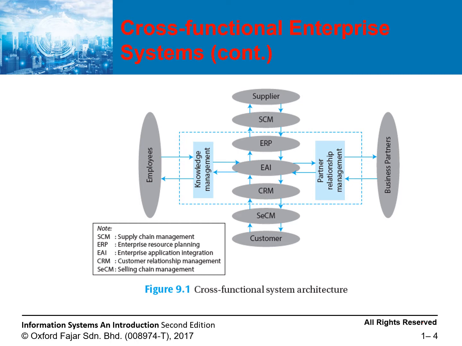There are customer relationship management or CRM, enterprise resource planning or ERP, and supply chain management or SCM. So we will focus on these 3 cross-functional enterprise systems for this chapter.